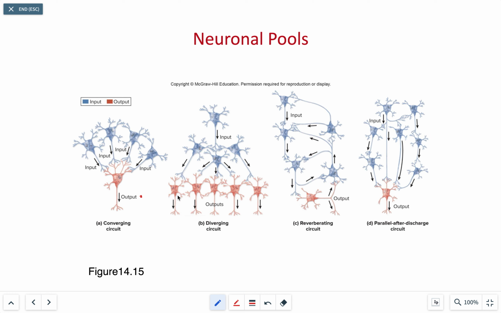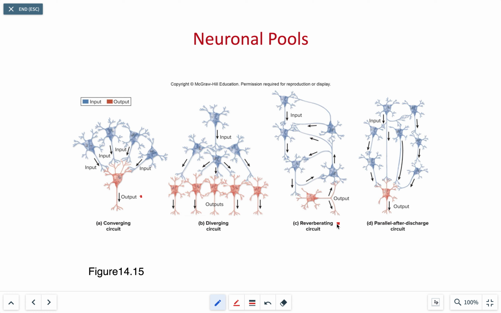The multiple outputs would be moving your left leg, moving your right leg, moving your left arm, moving your right arm, turning your head to make sure that you walk correctly through the door. And all that was stimulated from the initiation of the voluntary control of the simple movement of walking.